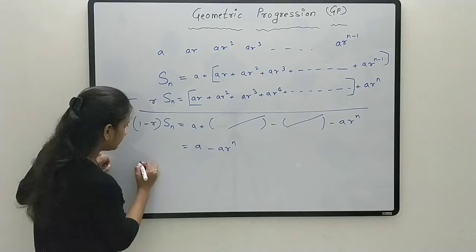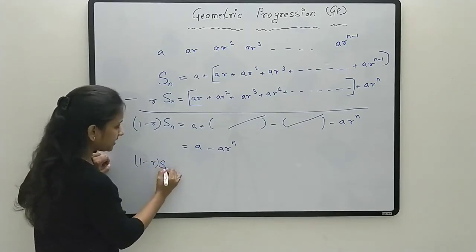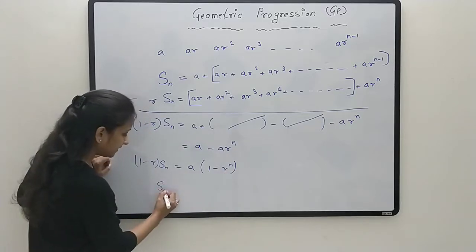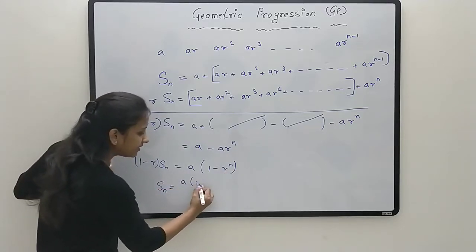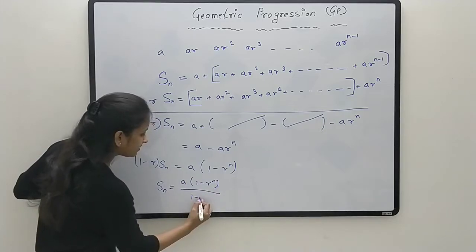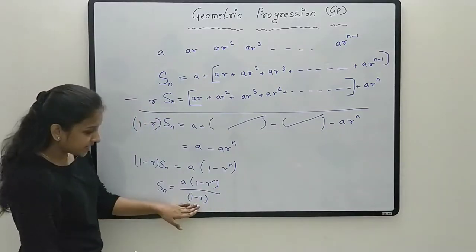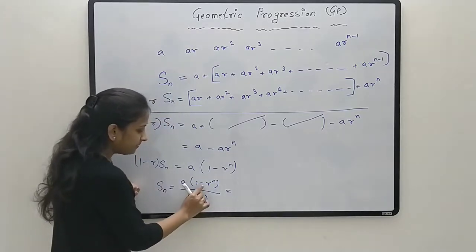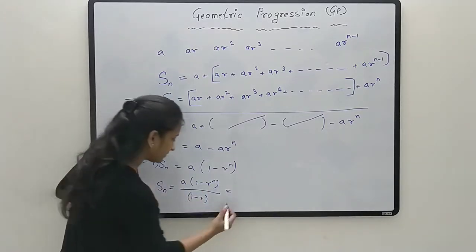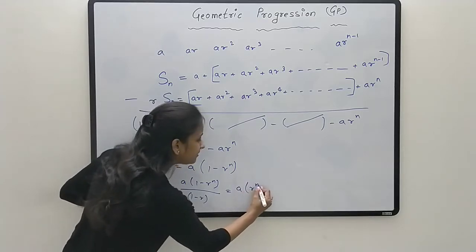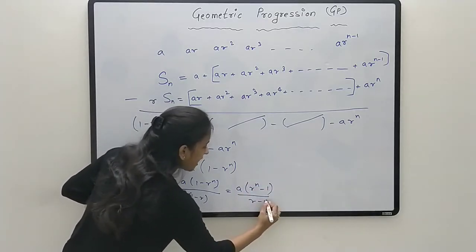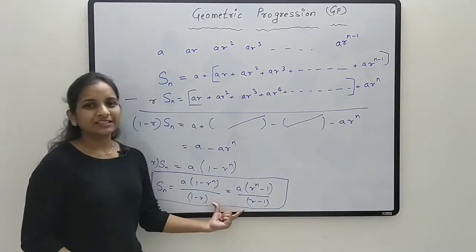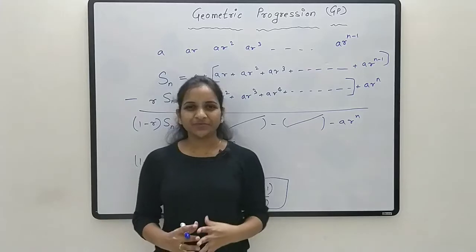So, we can write 1 minus r Sn is equal to A common 1 minus r power n. So, Sn, sum of n terms, is A into 1 minus r power n divided by 1 minus r. We can write this equation like this, multiplying numerator and denominator by minus 1. So, we will get A into r power n minus 1 divided by r minus 1. This is the sum formula, sum of first n terms of GP series.